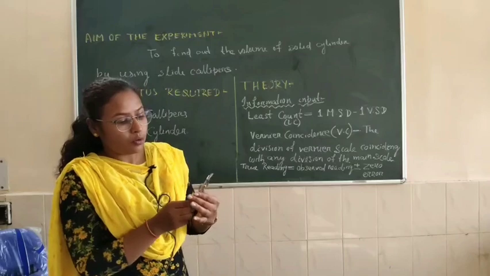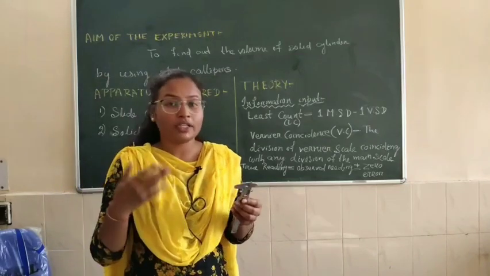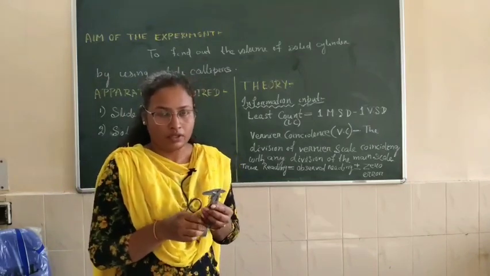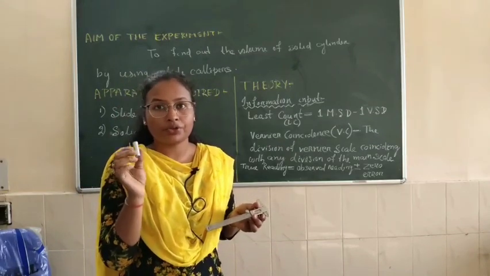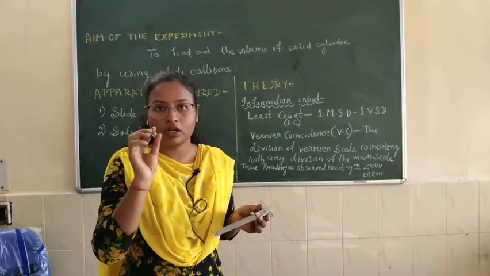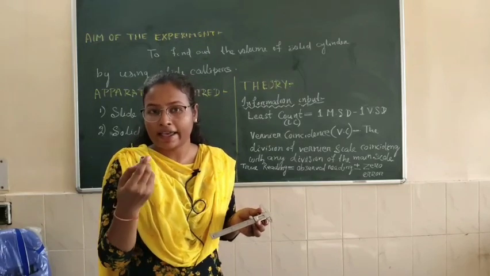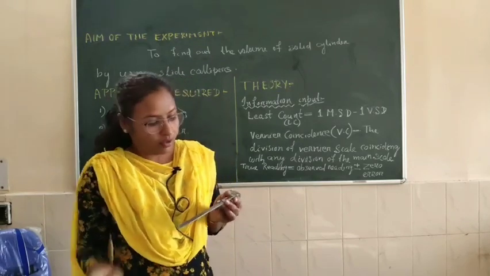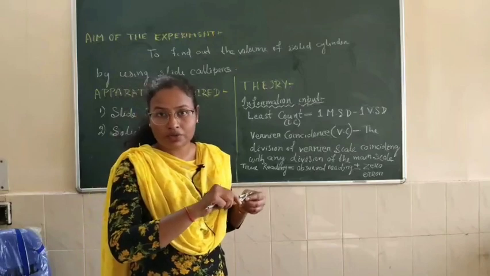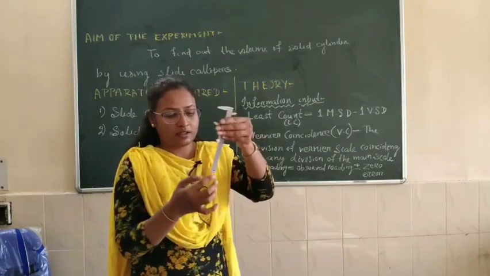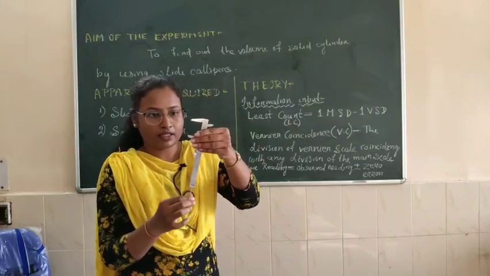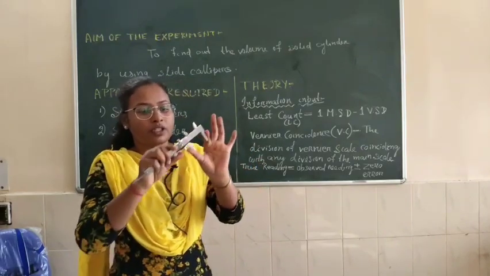Now, we can ask what is the use of this apparatus. As I have already mentioned, we are going to measure the internal diameter and external diameter. Another use is also there. As you can see, this bar is there with this.